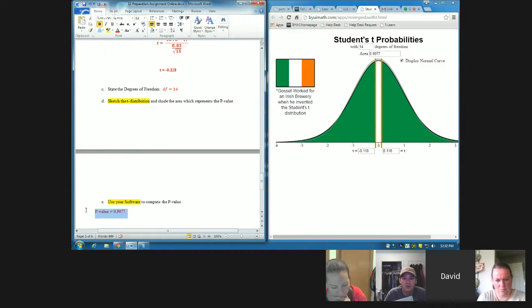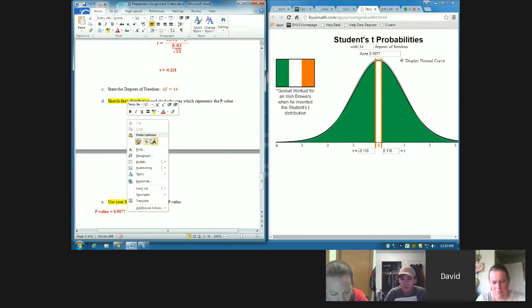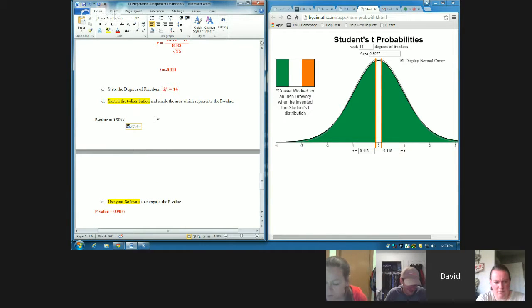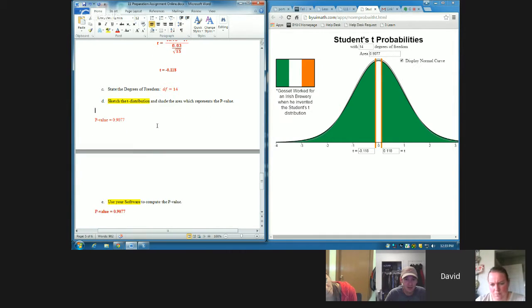Did they warn against rounding? Yeah, they did, somewhere. I would keep the decimals longer rather than rounding them till the very end.